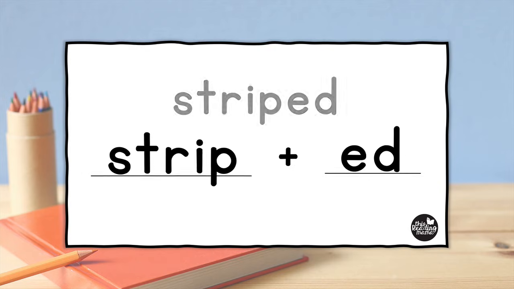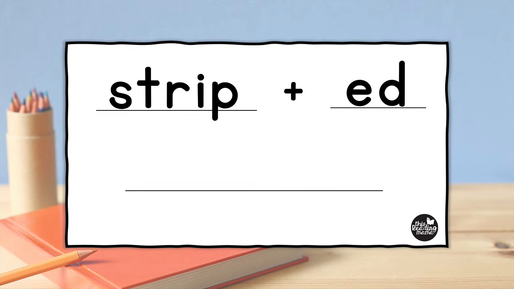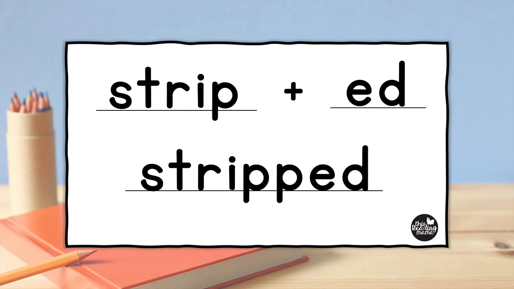Well, let's camp here for just a minute. If the base word is strip, this means we have a base word that's a 111 word, right? Strip is one syllable. It has one vowel, which is the I, and one consonant at the end, which is the P. So we're also adding a vowel suffix. Our ed starts with a vowel. So if the base word was strip, we would expect to see it spelled with two P's and not just one.